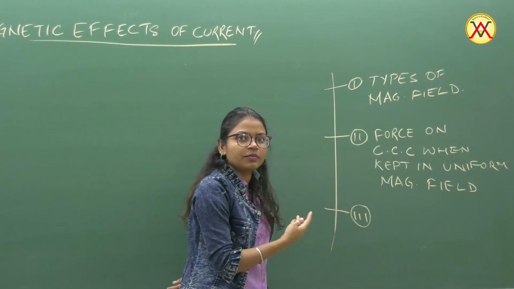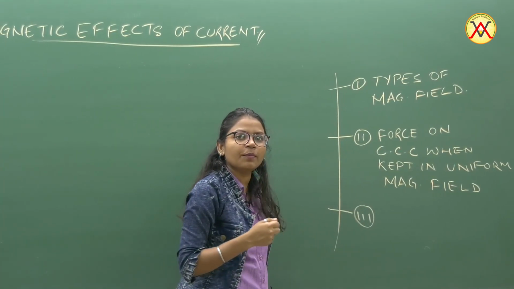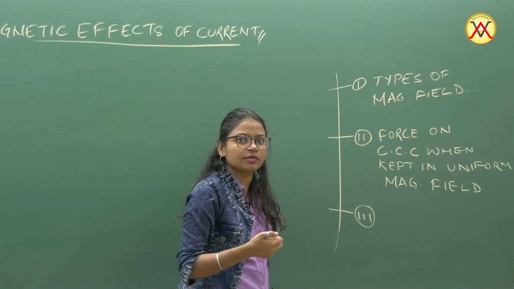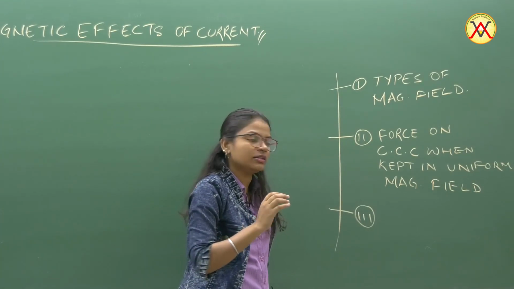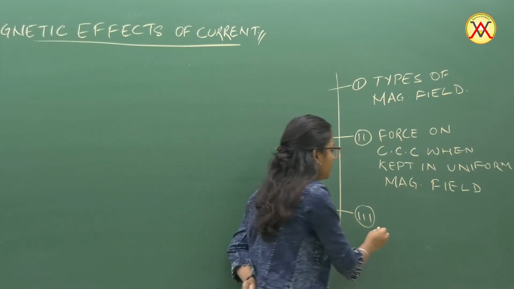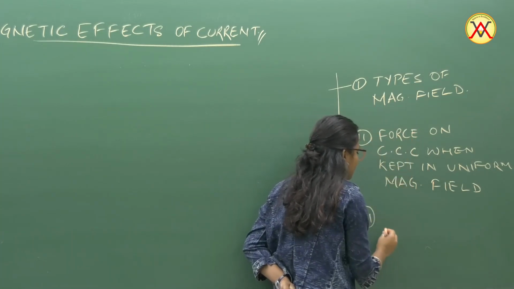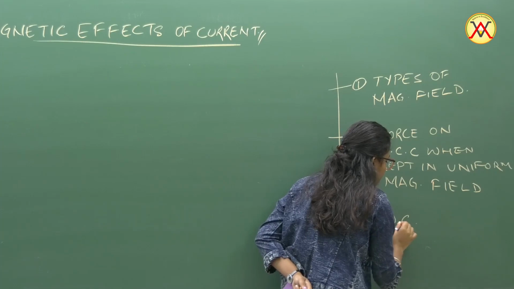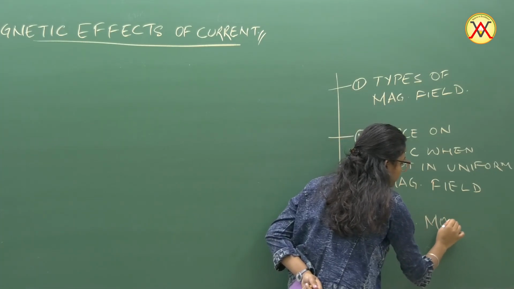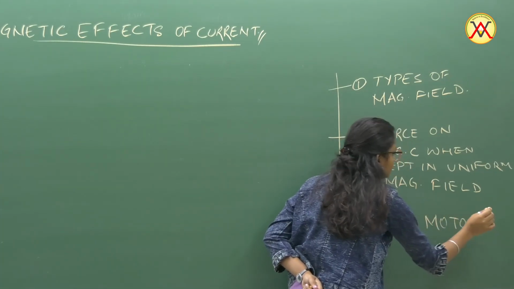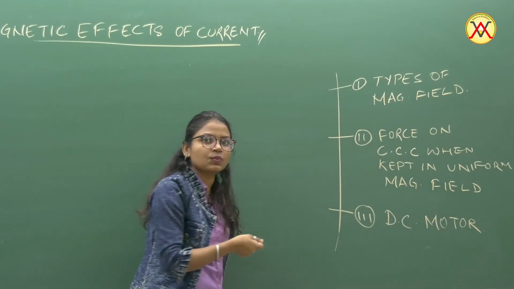Third one, the most primary application, which is very important for our board syllabus also, as 5 marks questions tend to come from this topic, which is application of the second point, known as DC motor. Let us discuss it one by one.